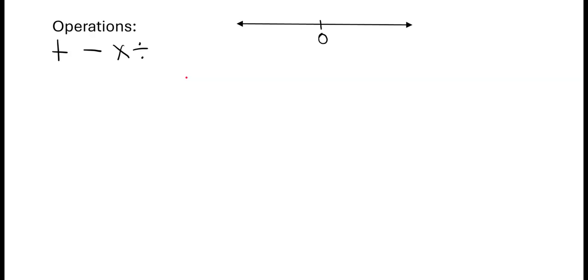So for example, if I were to add the number 3, positive 3, plus the positive 1, I would simply start at 0. I would move 3 units to the right because right is positive. And then I would move 1 more unit to the right, which is 4. So 3 plus 1 is 4. I'm going in the same direction.